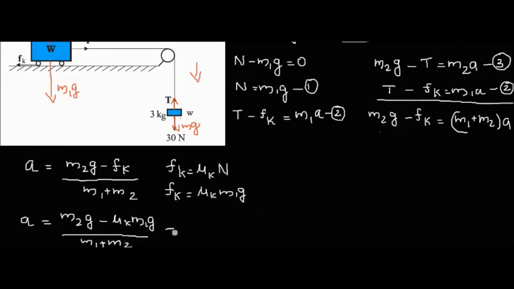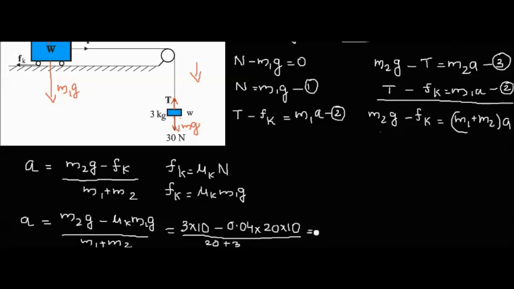Now all the values are given. m2 is given as 3 kilogram, g 10, minus mu k which is 0.04, m1 is 20 kilogram and g 10, divided by m1 plus m2. m1 is 20 plus m2 is 23.